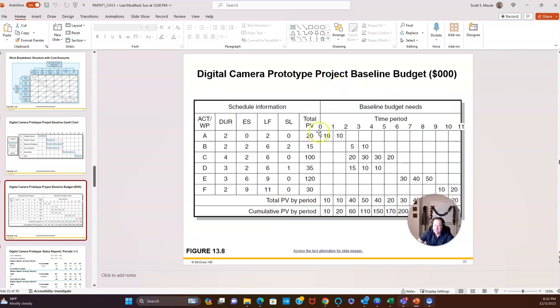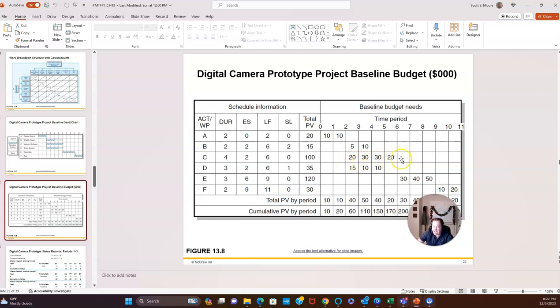So if you look at the design, it was $20. It was going to take 2 weeks to do the design. So $10 and $10. Your B, which is the shell, $15. The memory, $100. So $100 is going to take 4 months to deliver.